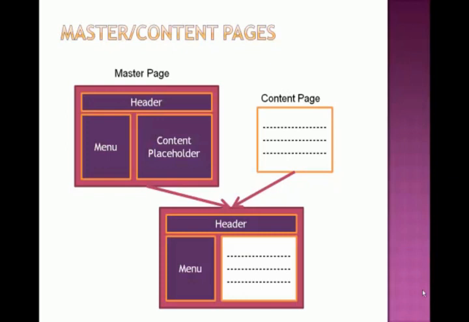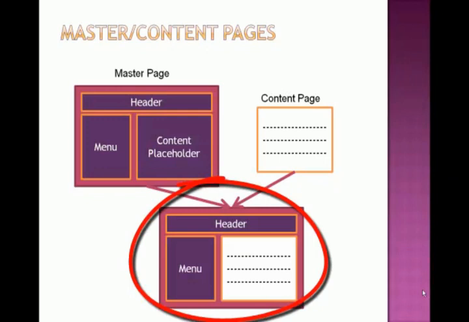It renders all the tags in the master page, and then it puts the content of the content page in the content placeholder from the master page and renders the final HTML code in the browser. And I will show you how it actually works in a little while.